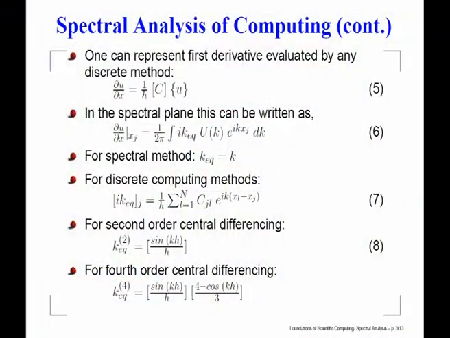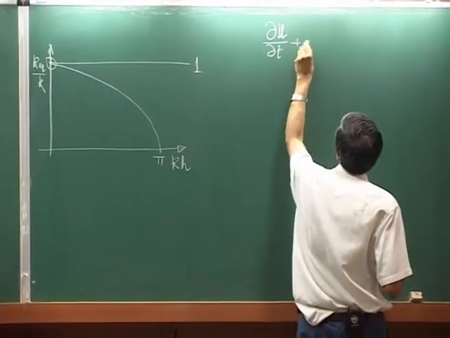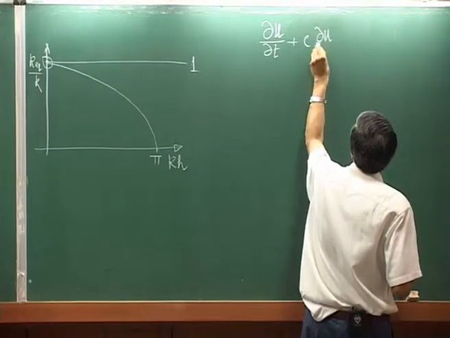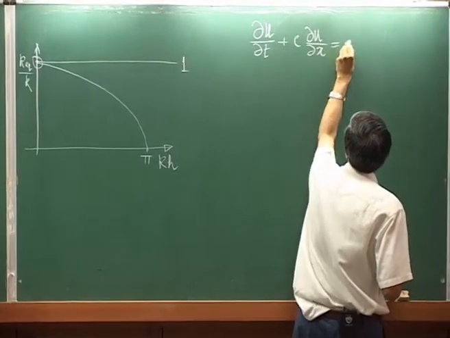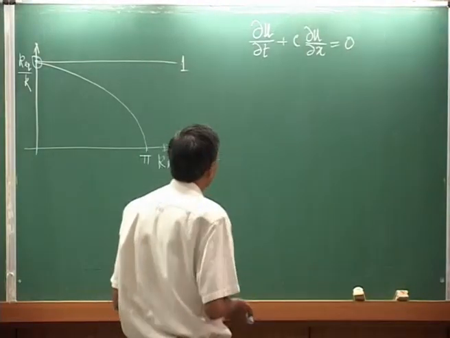Now, suppose you take care of this discretization of the first derivative in that convection equation. So, basically investigating this simple equation, we have seen what the second order discretization does.